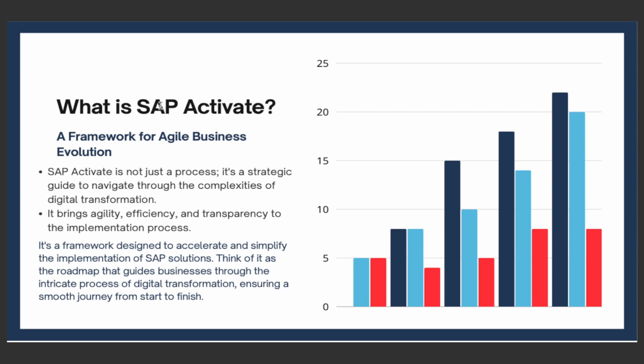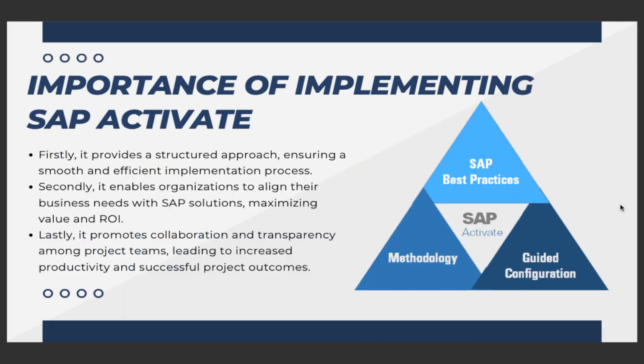So why is it important? Because it brings agility, transparency, and efficiency to the implementation process. By aligning business goals with SAP solutions, organizations can enhance collaboration, minimize risk, and achieve favorable outcomes.